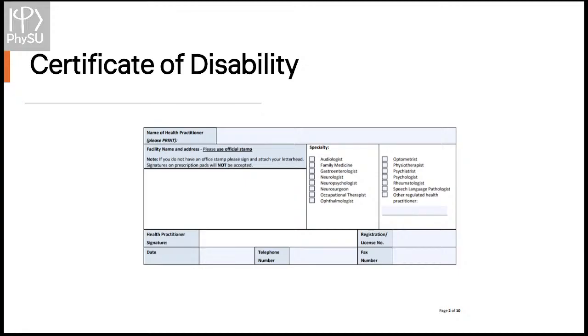In fact, accessibility services explicitly states that they prefer applications that are validated by a doctor in the specialty that is relevant to your condition. So if you have a physical disability, you would probably have verification from an emergency room doctor or perhaps a physical therapist.